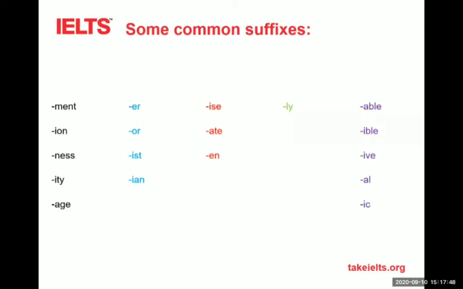What about the blue? What do the blue suffixes show us? Not an adjective, no. Well, we're getting closer. Okay. And what about the red? What did the red show us? Good, Alice.